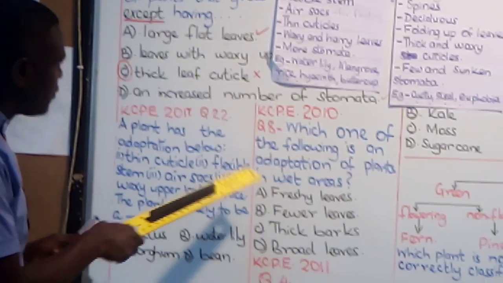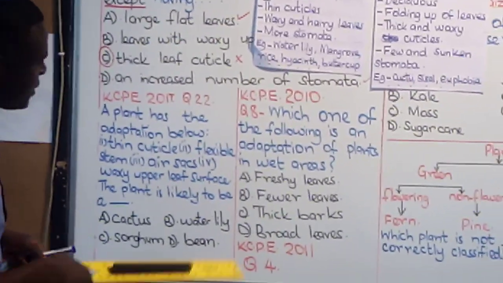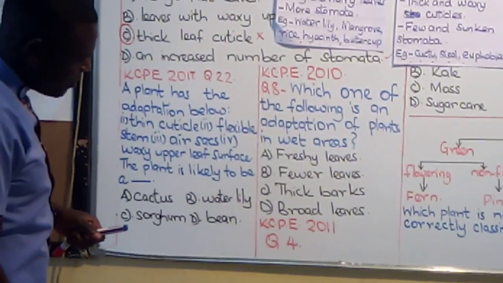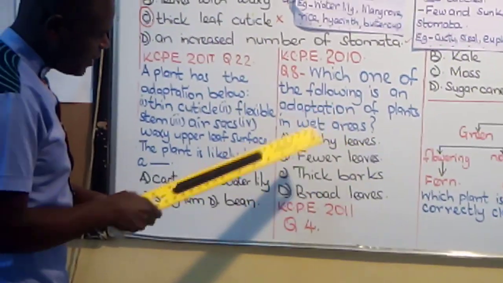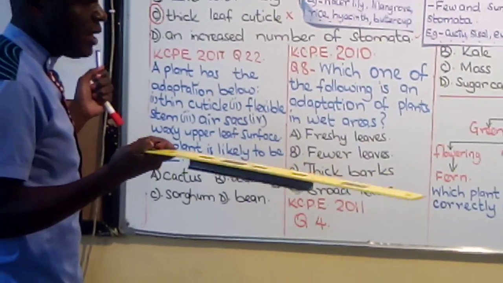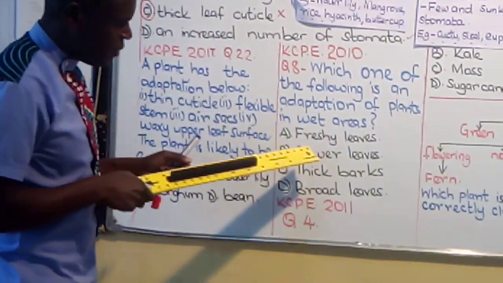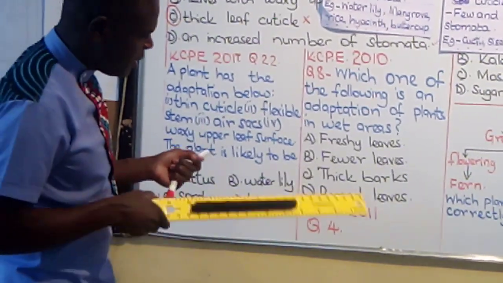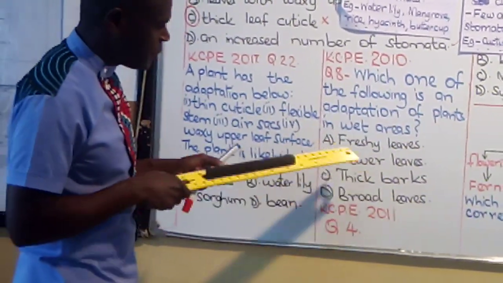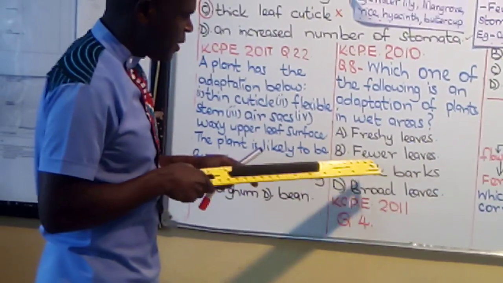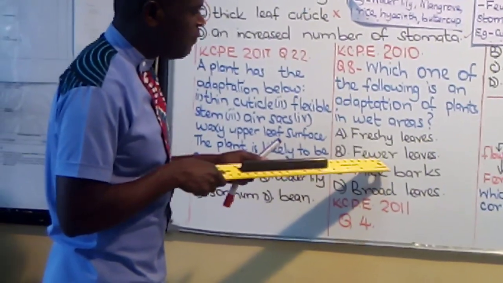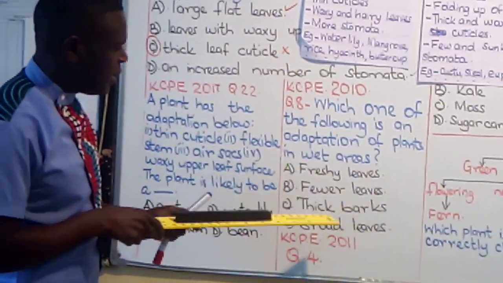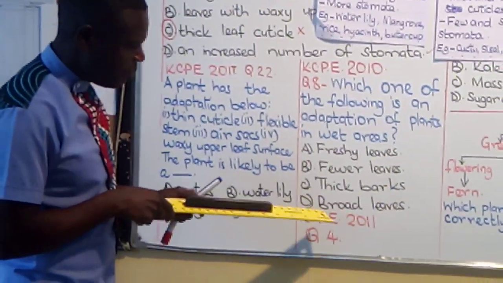You can see fleshy leaves, meaning they are fresh. Fewer leaves, not so many. Thick barks, and then broad leaves.